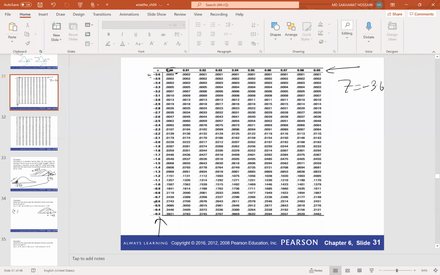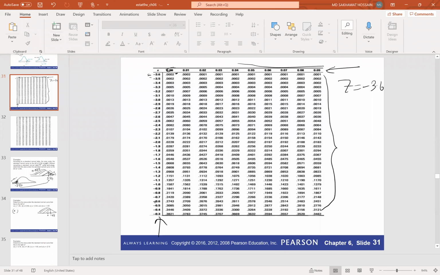After the decimal, the second digit of the z-score is the top row, this row. The top row is the second digit after the decimal of the z-score. So if you consider the first number and all these numbers inside the table, they are the area below, the area to the left of the corresponding z-score.